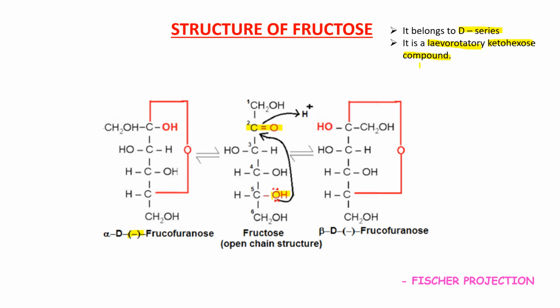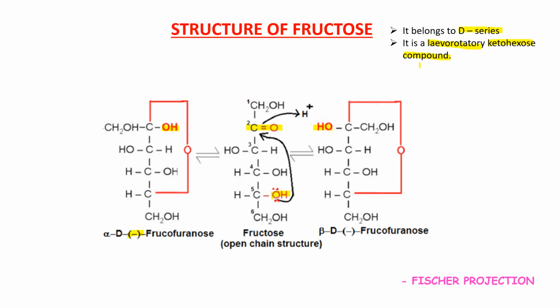Now, just like glucose, fructose also forms a cyclic structure, but here the OH group which is present on C5 attacks C2 rather than C1, and thus two forms are formed. When the OH group attacks from upwards, the OH group formed at C2 comes in the right direction, and when the OH of C5 attacks C2 from downwards, the OH group so formed at C2 comes in the left direction.